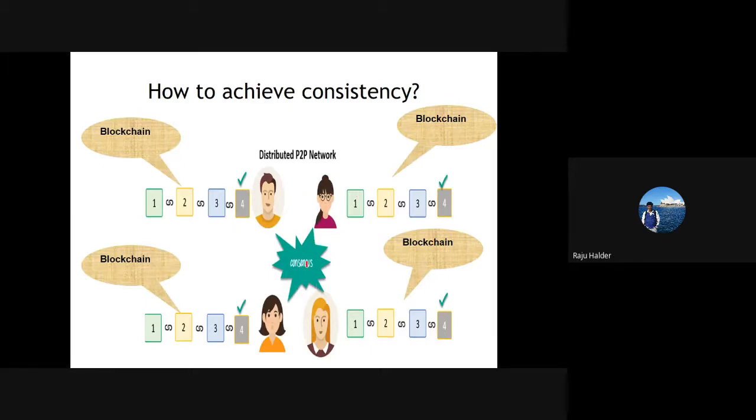They have to agree on the common thing. And the third one, they are using some cryptographic primitives. So these three things are crucial in this case.